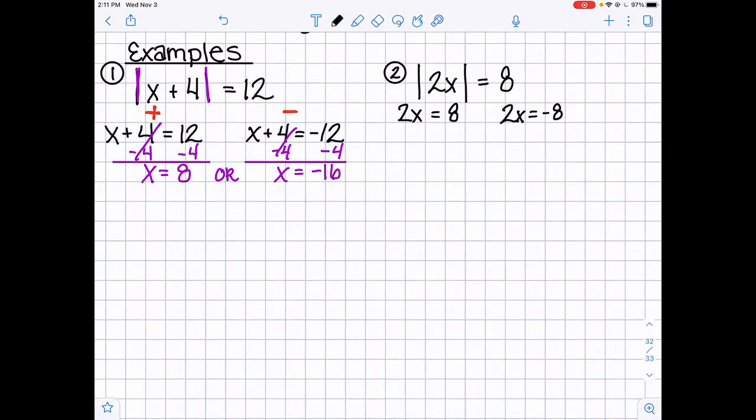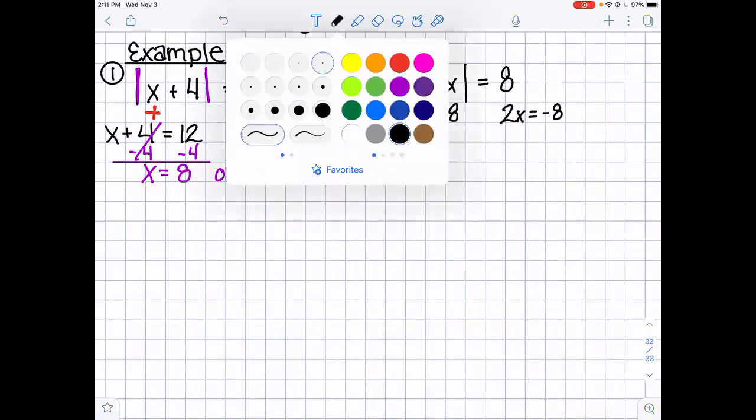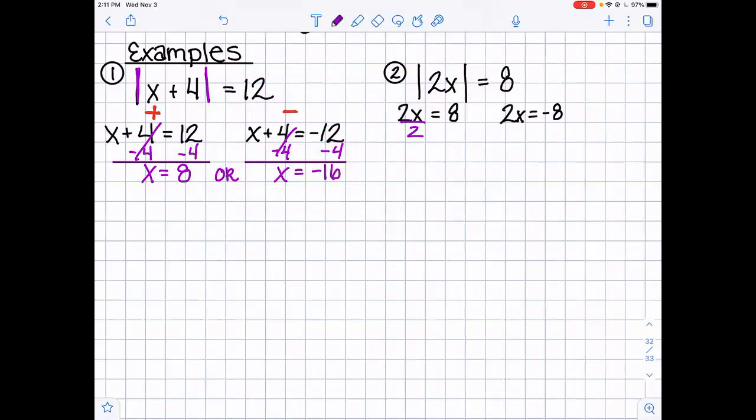How am I going to solve this? Divide by 2. 8 divided by 2 is x equals 4. Divide by 2 on this side. X equals negative 4. So 4 or negative 4.